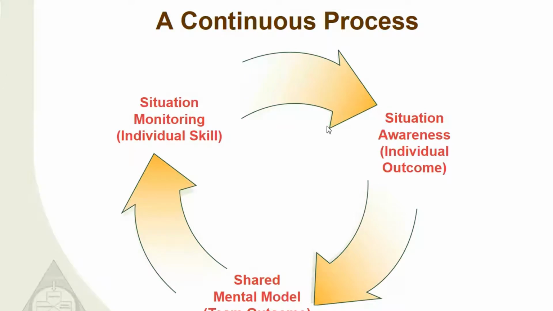And then we have awareness. So monitoring is watching it, awareness is what's actually going on. And then it moves us to a shared mental model where we can support the team and get a team outcome. So it starts with the individual skill, then it leads to what we do with that information, and then it leads to a team outcome.